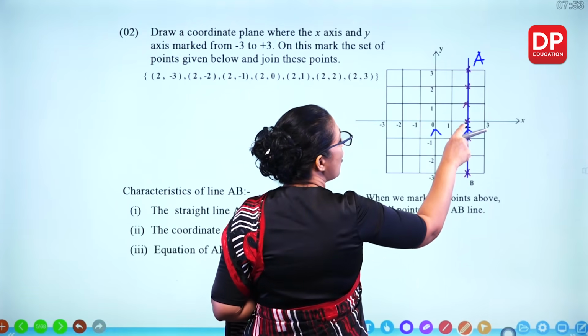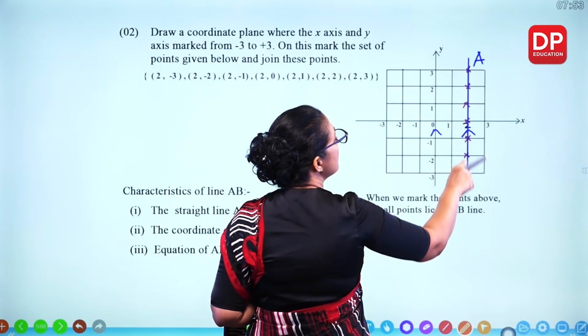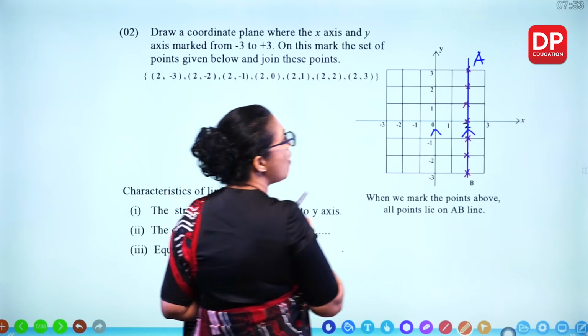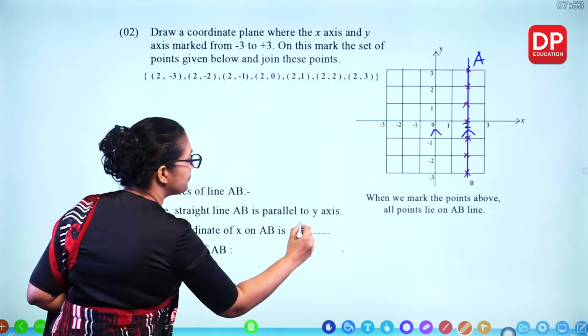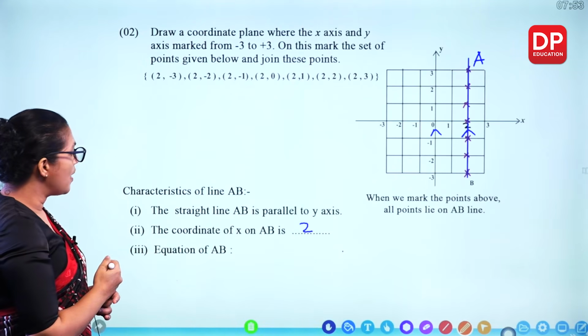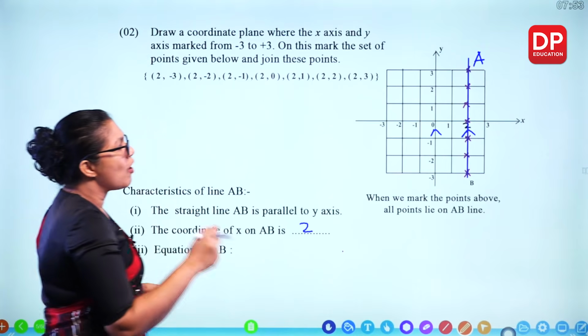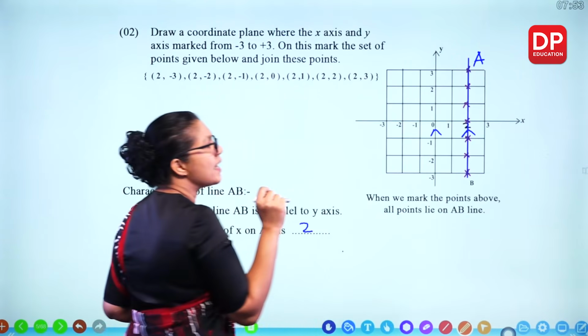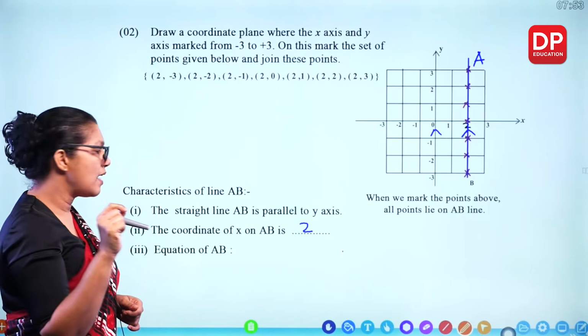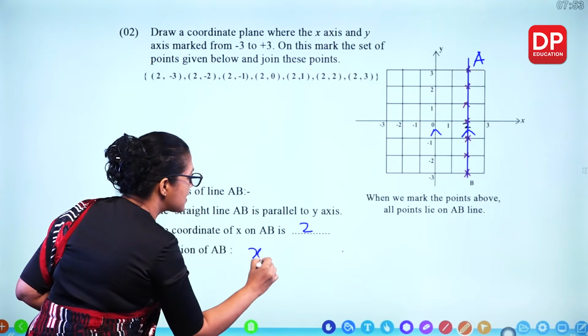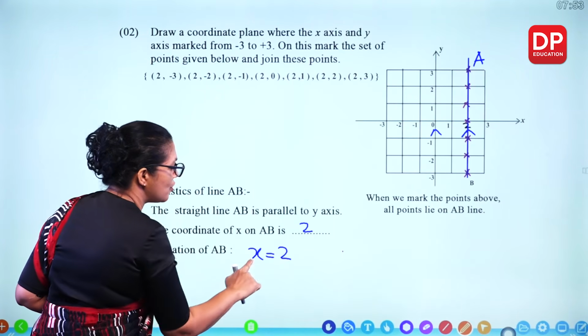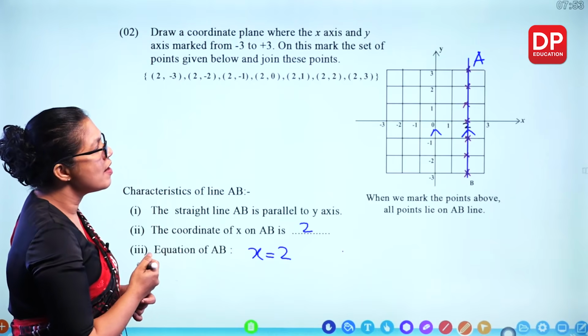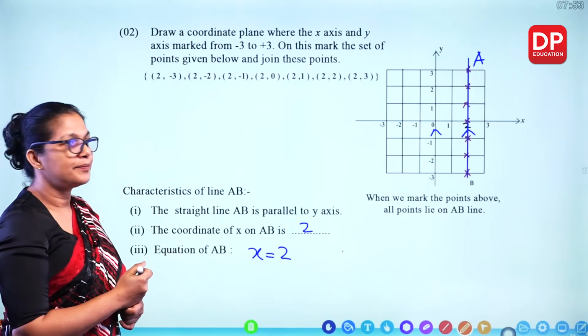What's the x coordinate on AB? Always 2. Equation of AB: because we always get x value 2, we can write the equation as x = 2. So this is the equation of line AB.